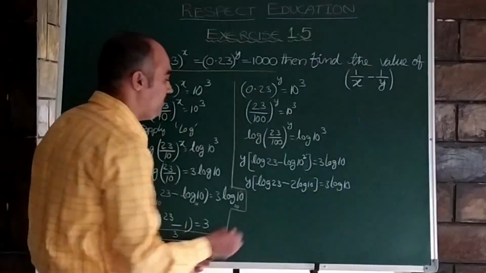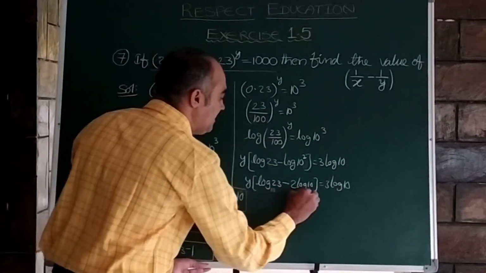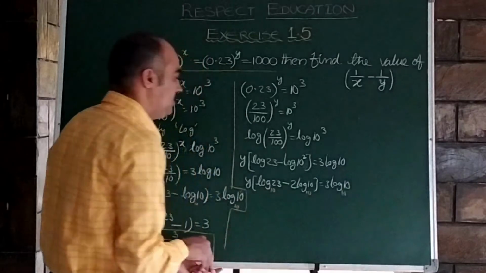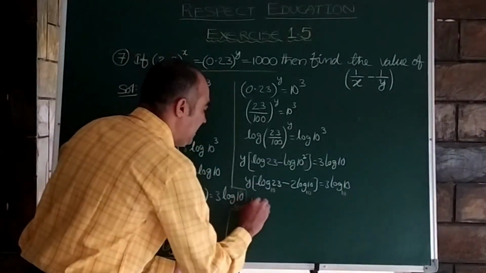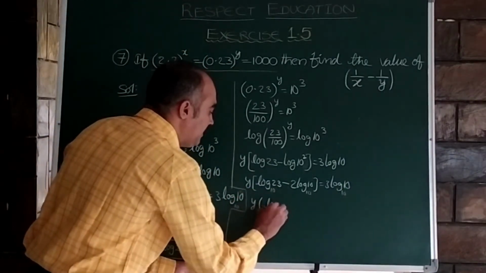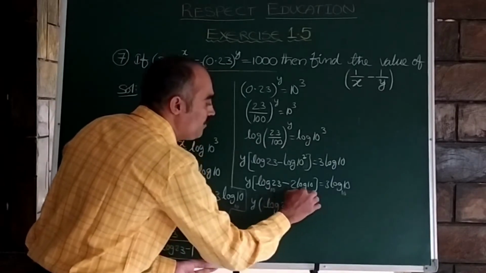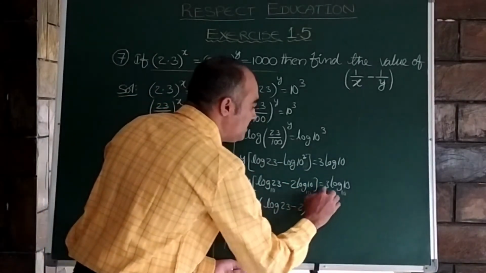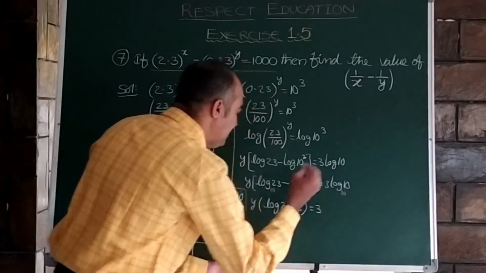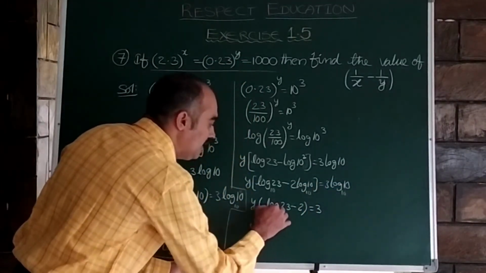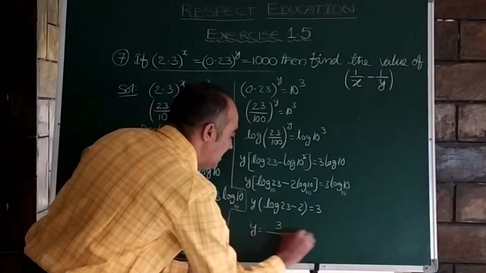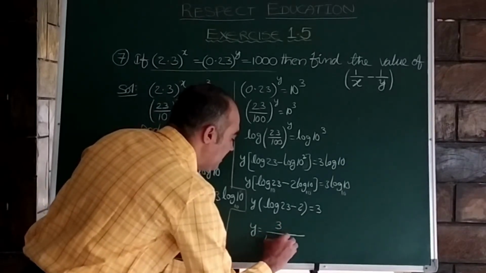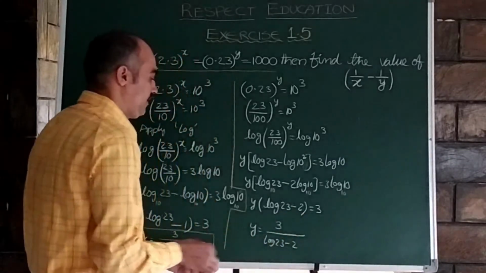So let us take every base as 10, here 10, here 10, here 10. So y times log 23 minus 2 into 1, 2 ones are 2, is equal to 3 into 1, 3 ones are 3. Therefore y is equal to, let us send this value down, 3 by log 23 minus 2, right?